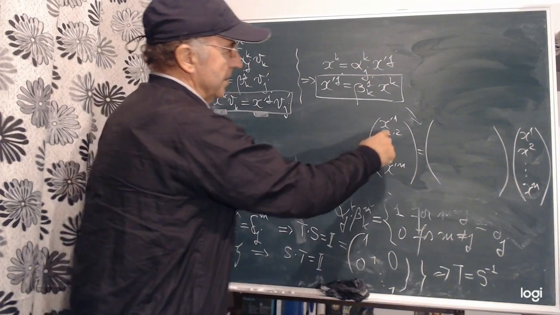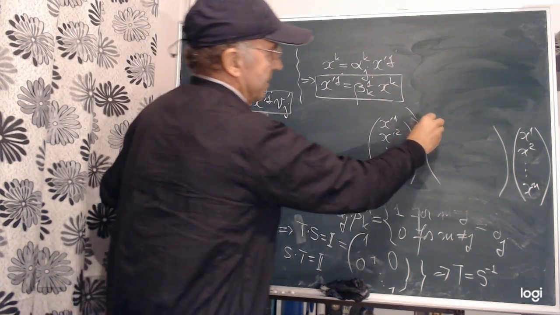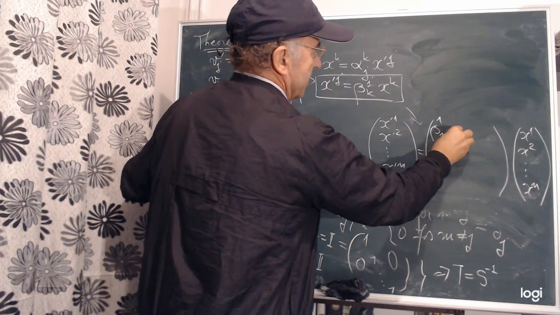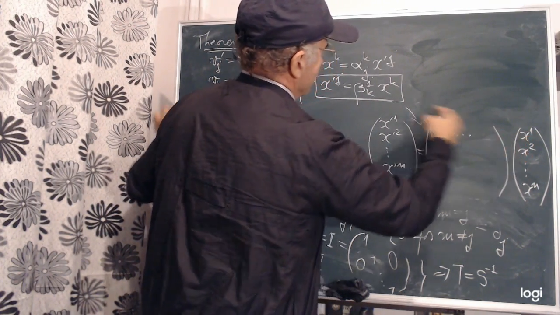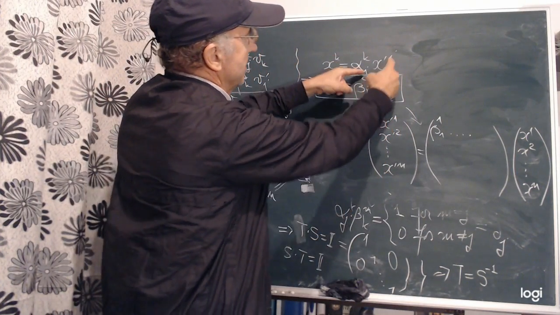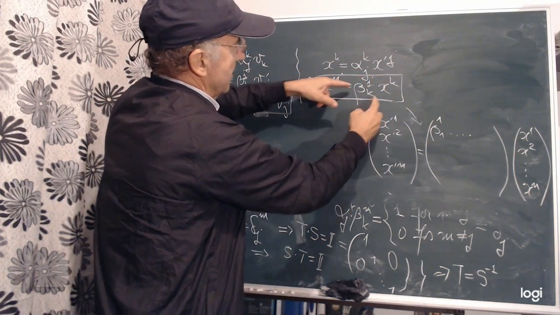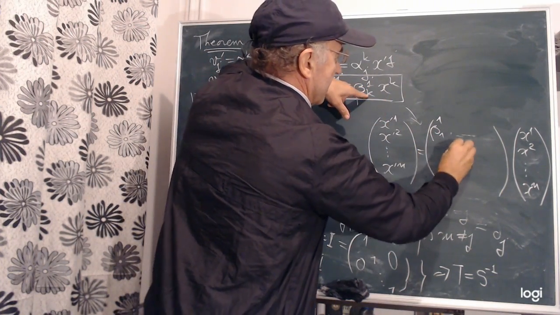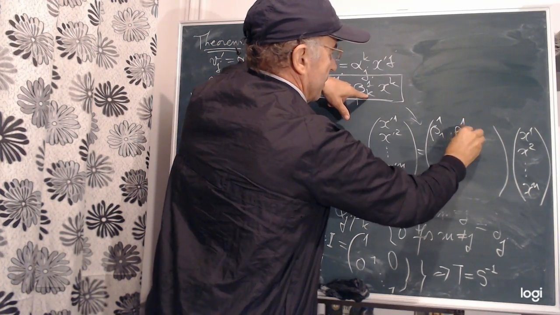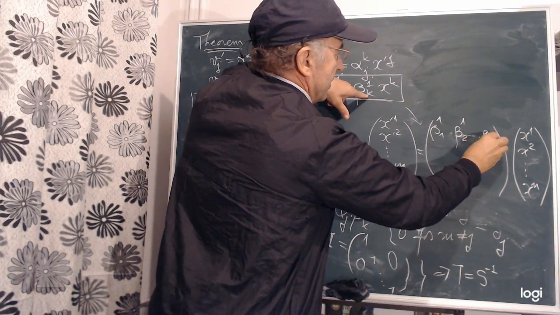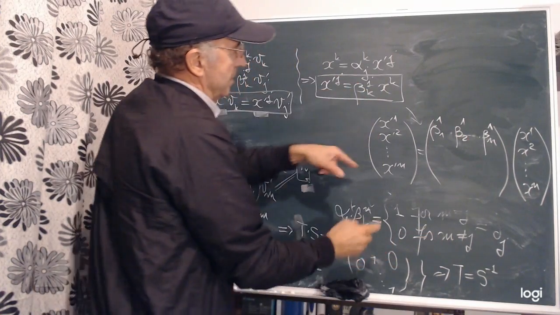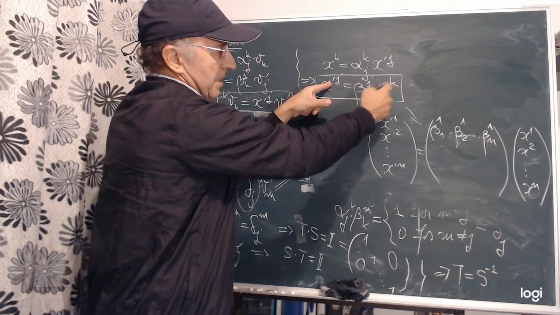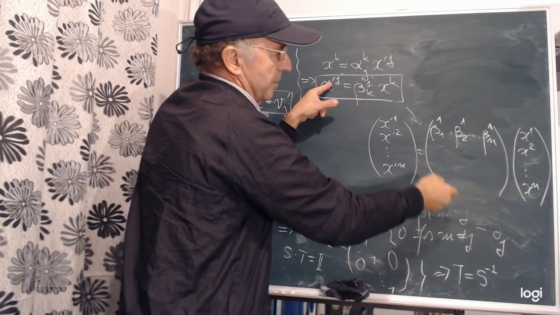And here x prime 1 is beta 1 multiplied by x1, beta 1 2, and so on up to beta n 1. We have here a sum with respect to k.